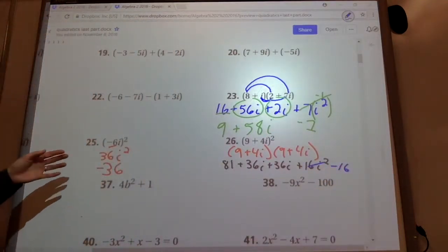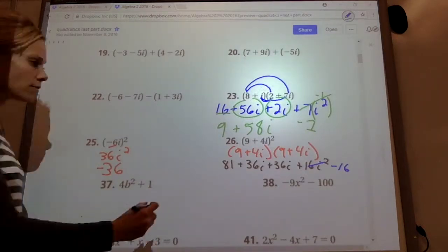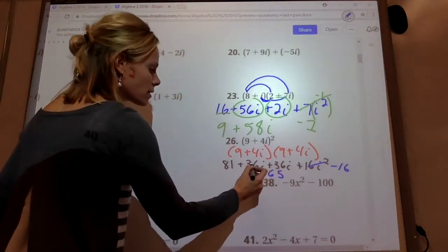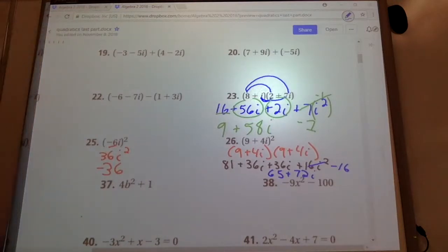So 81 minus 16 is 65, and then 36i plus 36i would be 72i.